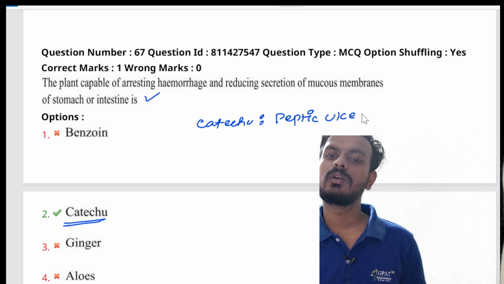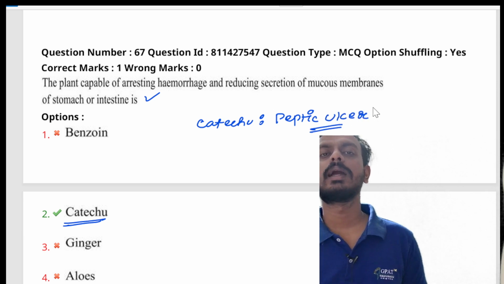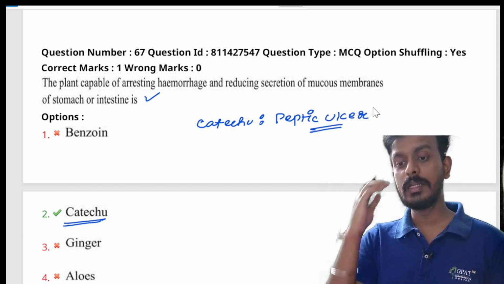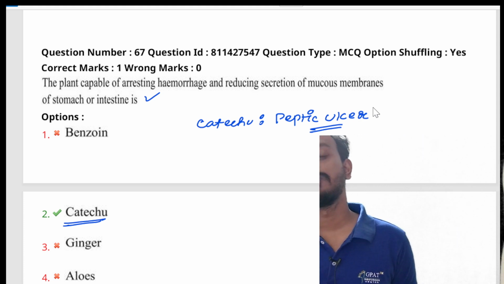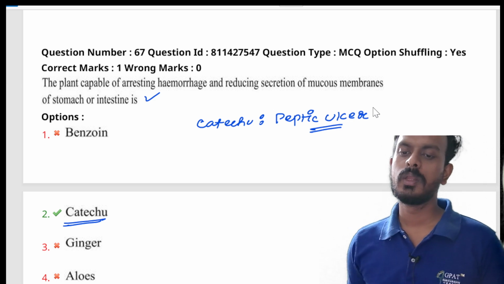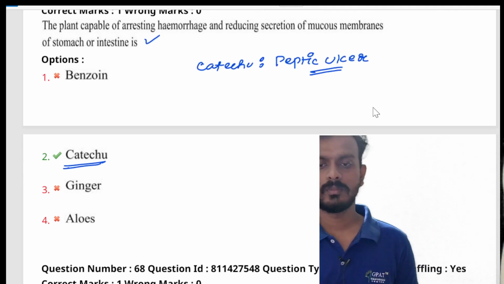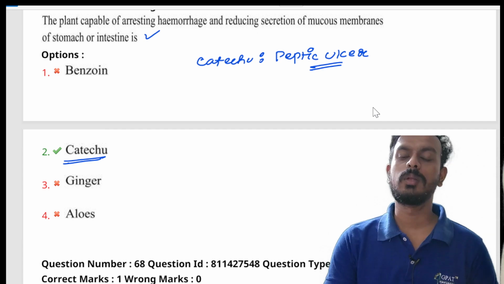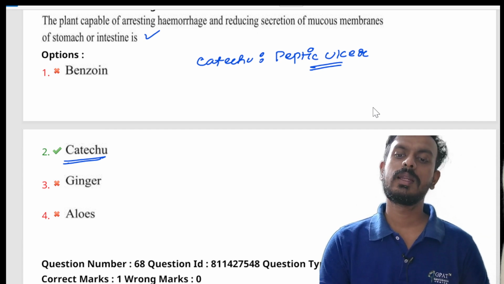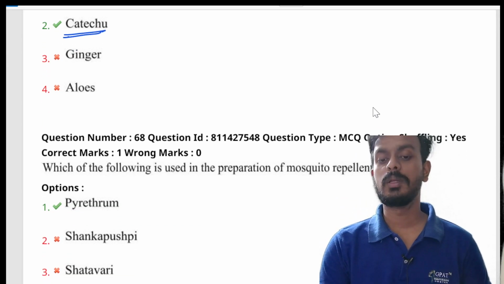It arrests the bleeding and reduces the secretion of the mucous membrane in the stomach.